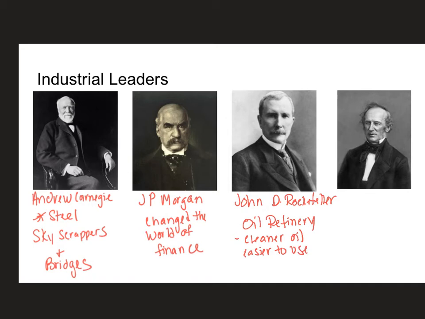And then finally we have Cornelius Vanderbilt, who was known for his involvement in the railroads. He was what we call a railroad tycoon. So we call these guys industrial leaders because they really were like kind of the men that built America, right? Made us into an industrial country.